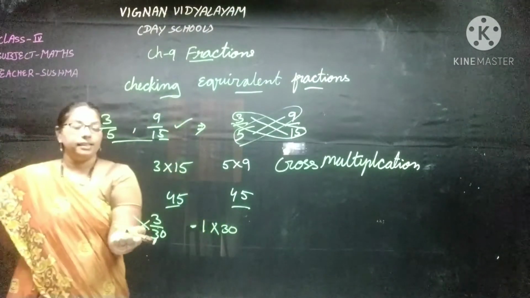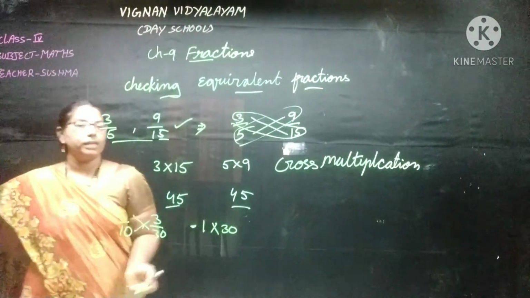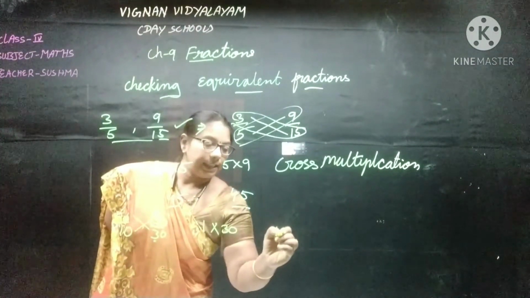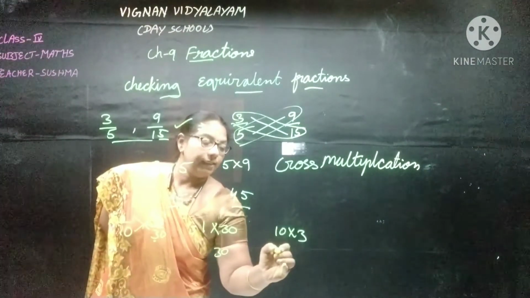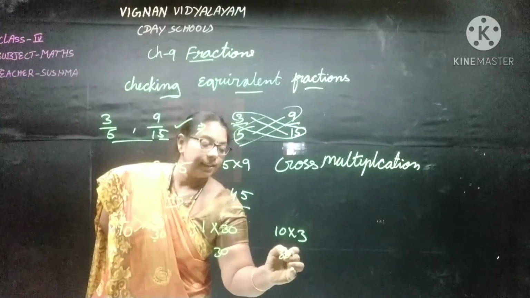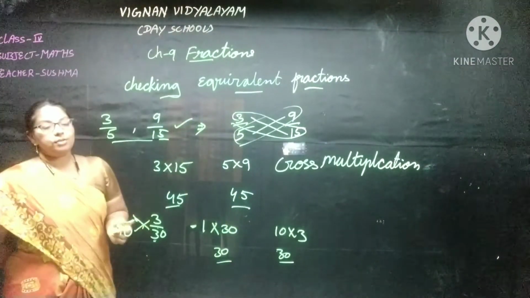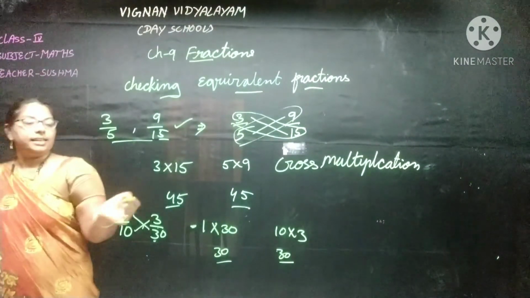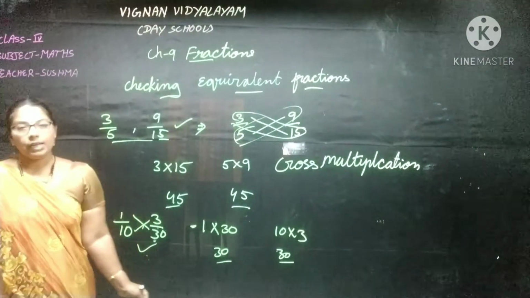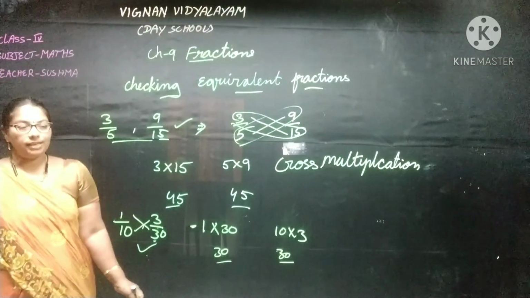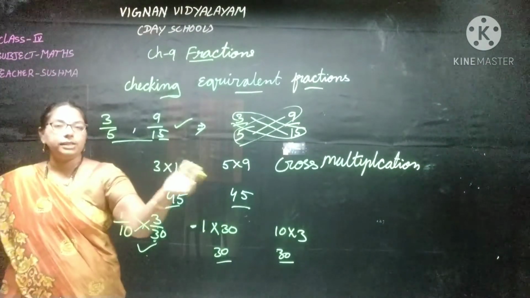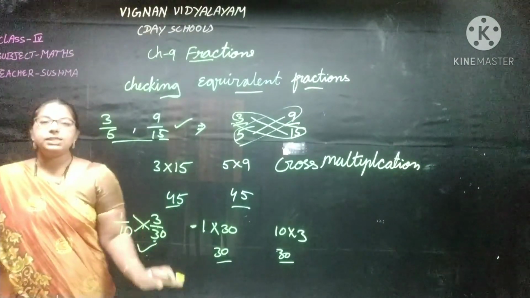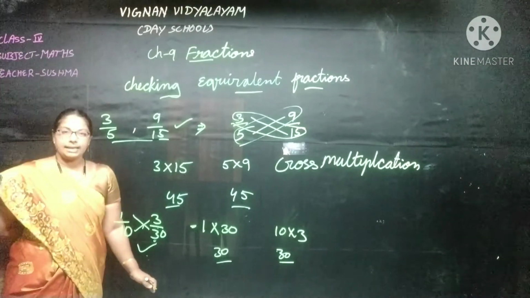And the denominator of the first fraction with the numerator of the second fraction, that is 10 into 3. 1 30s are 30. 10 3s are 30. So here both are same. So here we can say that these two fractions are equivalent fractions. When the answer we got after doing the cross multiplication is same, we say that the two given fractions are equivalent.